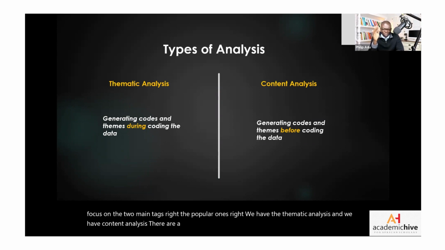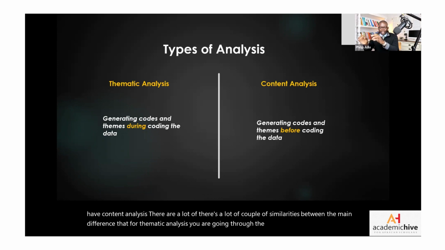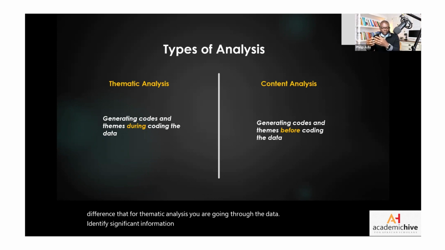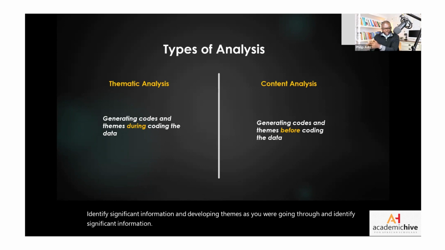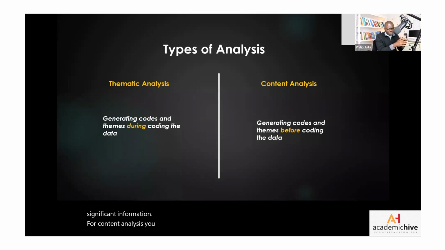There are a couple of similarities between them, but the main difference is that for thematic analysis, you are going through the data, identifying significant information, and developing themes as you go. For content analysis, you first develop themes before you go through your data.